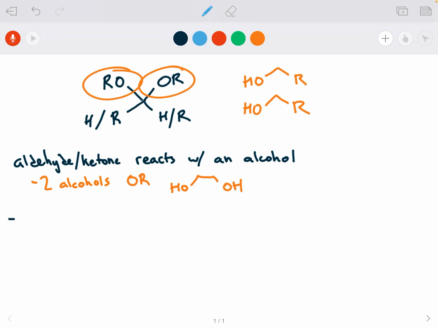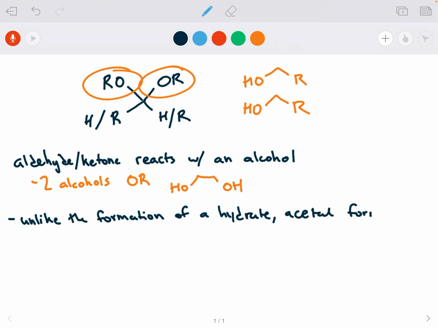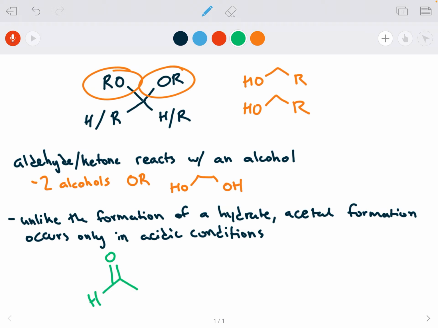Now another note is, unlike the formation of a hydrate, acetal formation occurs only in acidic conditions. The reason being, if you're starting with, here, we'll just do formaldehyde, we know that reacts well.